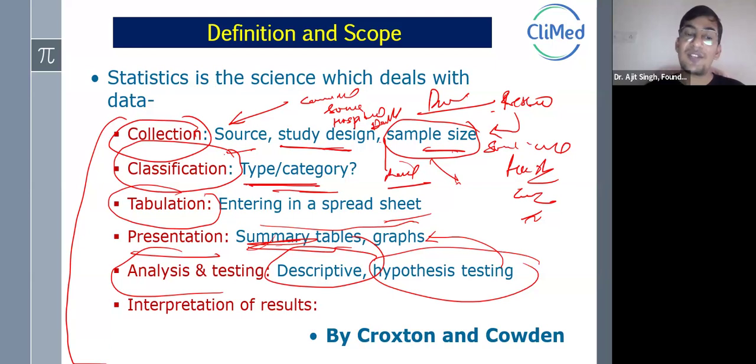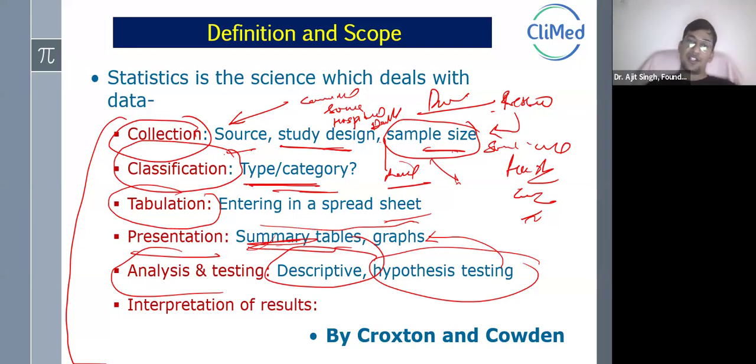Once everything is done, you have to interpret it in words. Interpret means explaining what exactly this is showing. Suppose I say, I'll come back to your class 10. You have 100 people's data, their weights, and you got the average also.